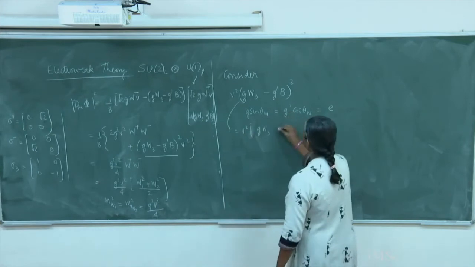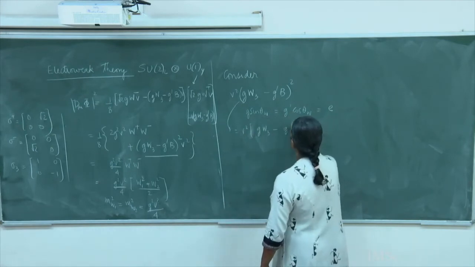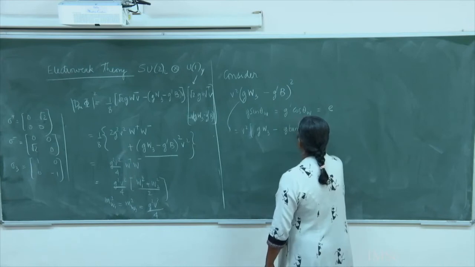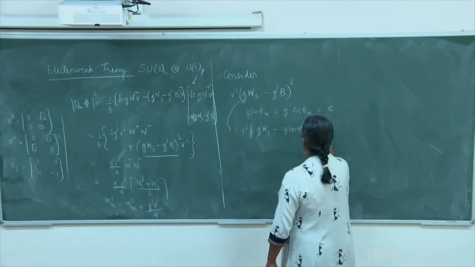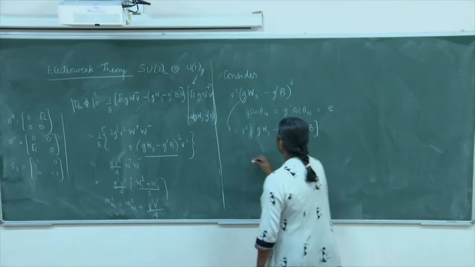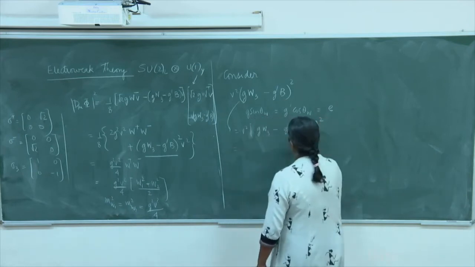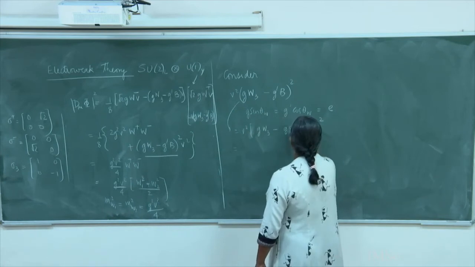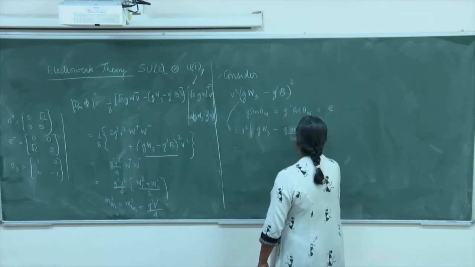So G prime is G tan theta W, which is square. So tan theta W is sin by cos.